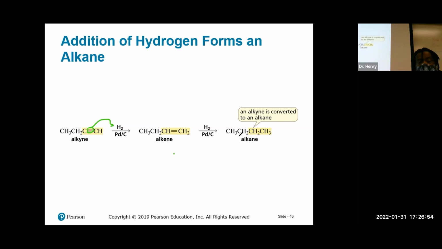Okay. So again, this is one of those experiments that we have to have excess. If we have equivalent, then we get just the alkene. If we have excess, we'll get the alkane. So it's kind of like what we saw with the bromine gas or the chlorine gas earlier, the halogenation. This reaction is called hydrogenation.